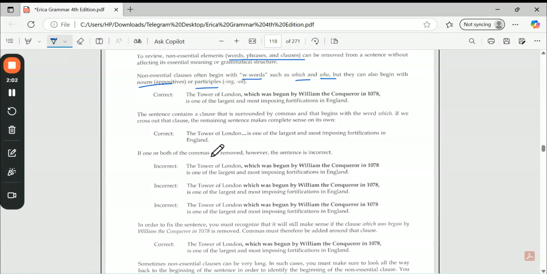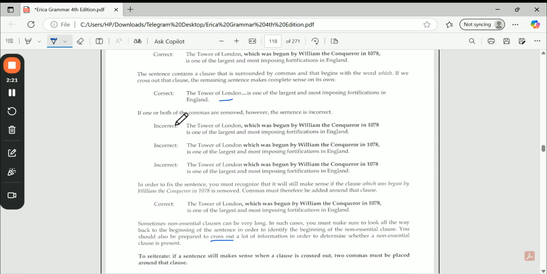So, for example, we can just delete the clause, and it becomes: the Tower of London is one of the largest and most imposing fortifications in England. This one is also correct.